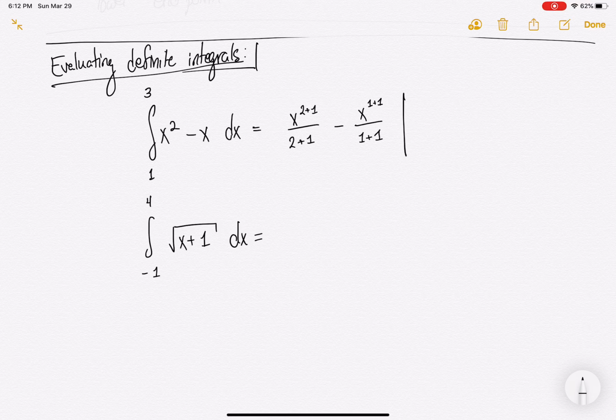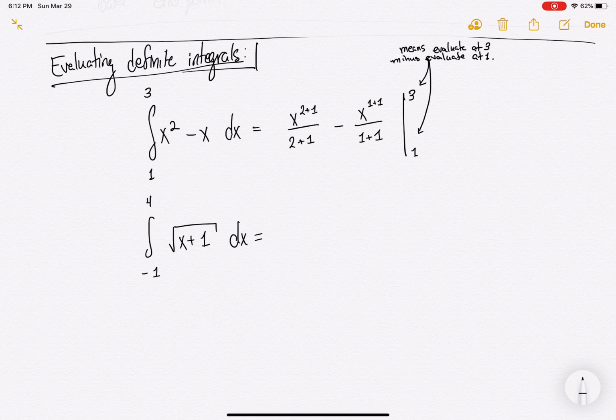And then we use this same notation that I used earlier, the vertical bar 1 to 3 means evaluate at 3 minus evaluate at 1.